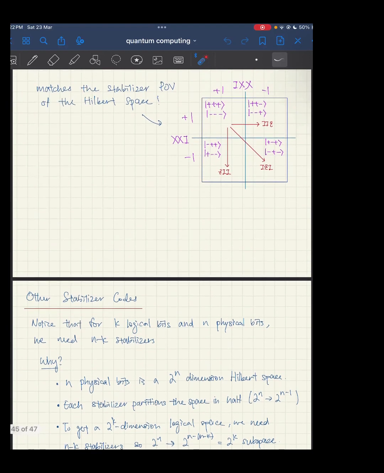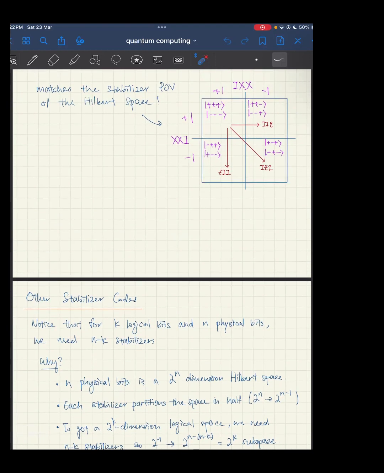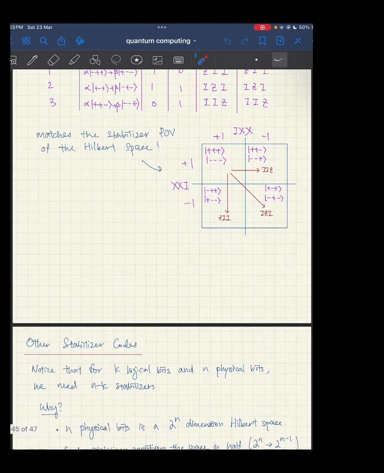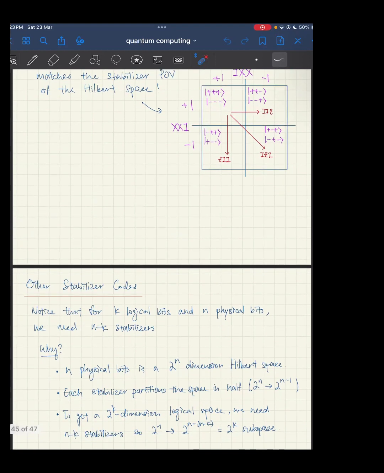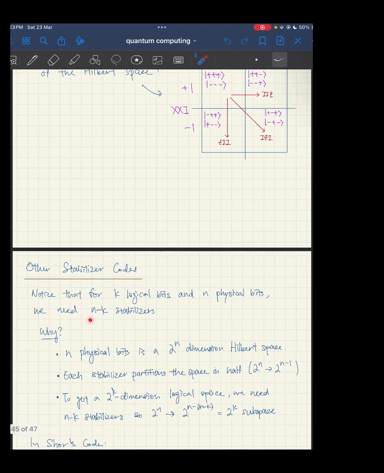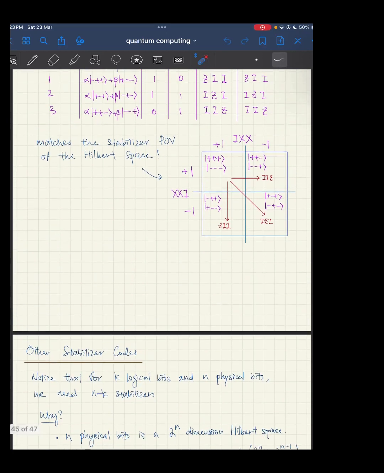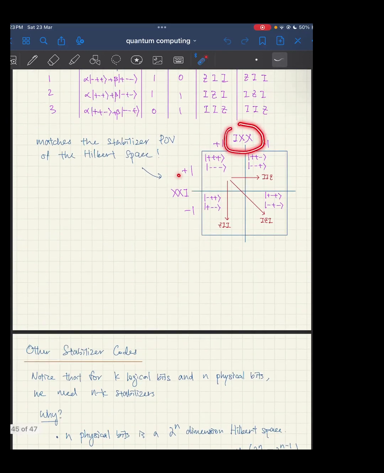Throughout all these examples, we have one logical bit because we want to protect one qubit, and in the case of the 3-bit repetition code, we use 3 physical bits, so n is 3, which means we need n minus 1 stabilizers for the 3-bit repetition code, which we did, right? We chose IXX and XXI.